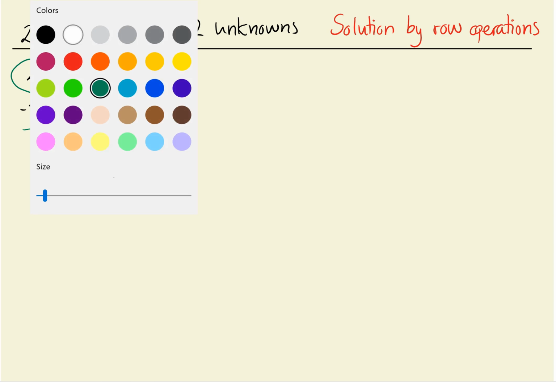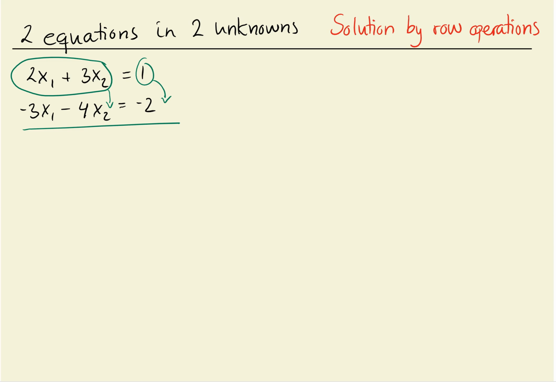In this case, if I add these two equations, I would get 2x1 plus minus 3x1, that's minus 1x1, or just minus x1, and then 3x2 plus minus 4x2, that's minus 1x2.